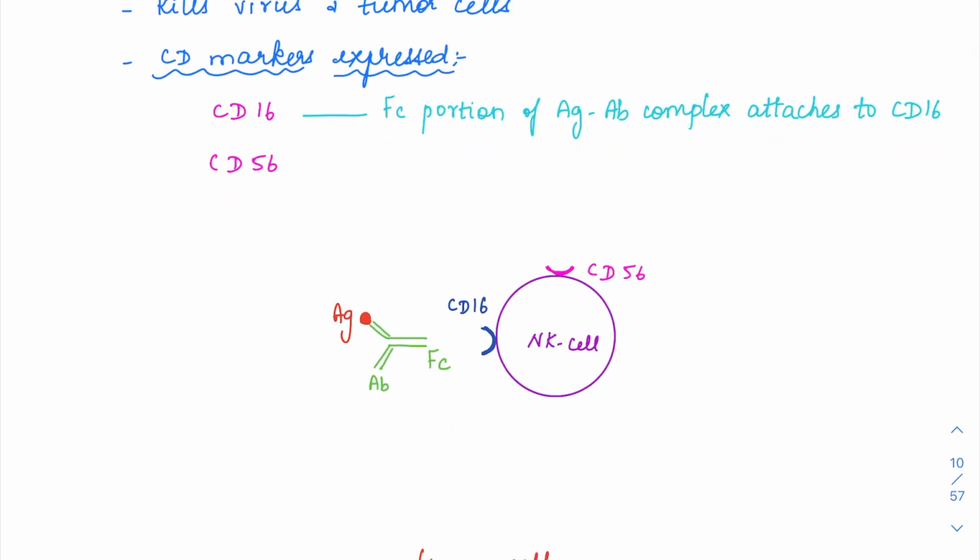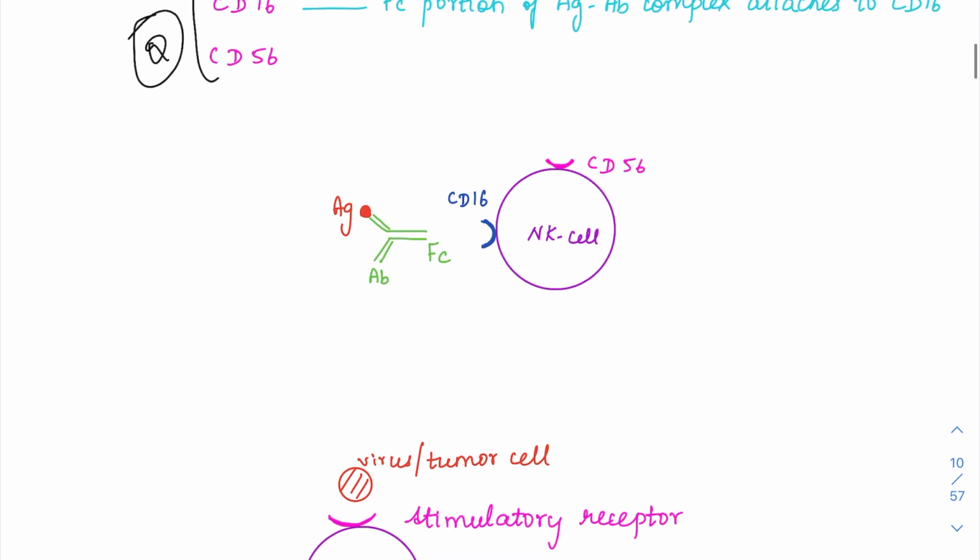So what are the CD markers expressed by these NK cells? Again, very, very important. These are going to express CD16 and CD56. CD16 is present on this NK cell and is going to interact with the Fc portion of the immunoglobulin. This immunoglobulin has attached with the antigen and has formed the immune complex.